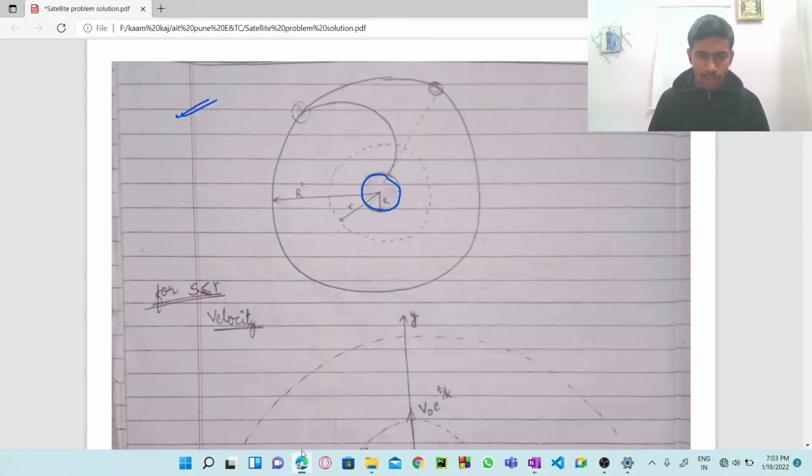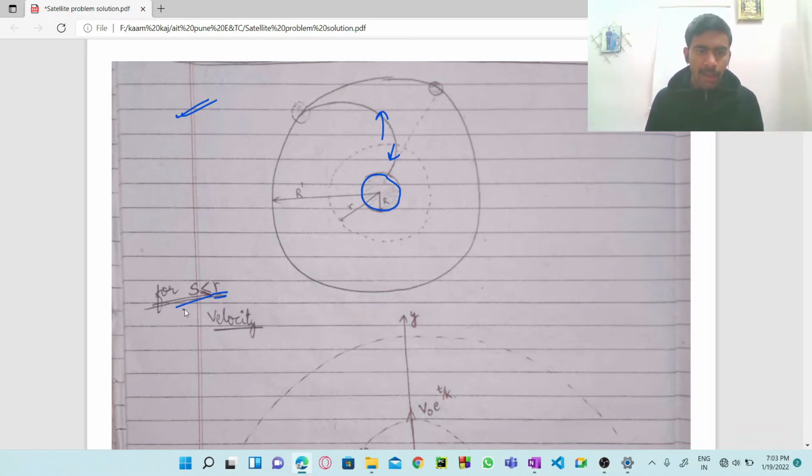Okay, so for this I need to consider two conditions. First, when my satellite is in the range of small r, that means up to the threshold distance where I am pushing my thrusters on, and the next would be after it. So we would be taking two different equations, especially they are the same but just two kinds of form.